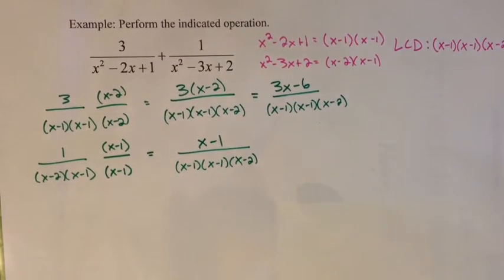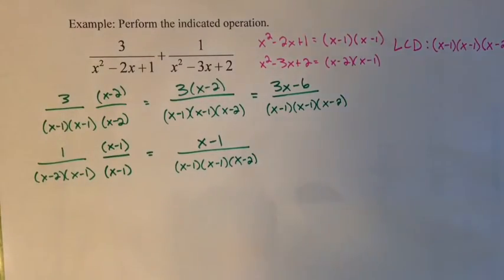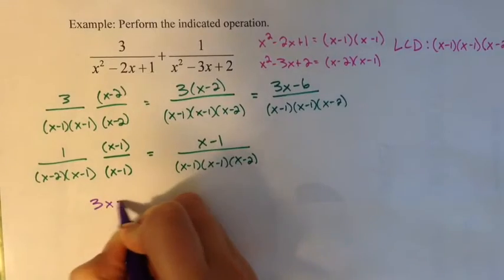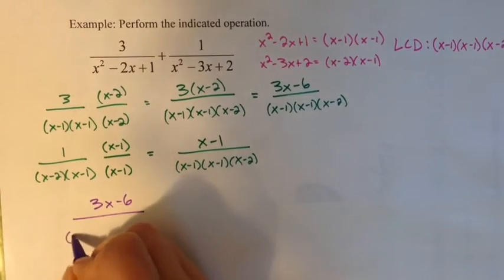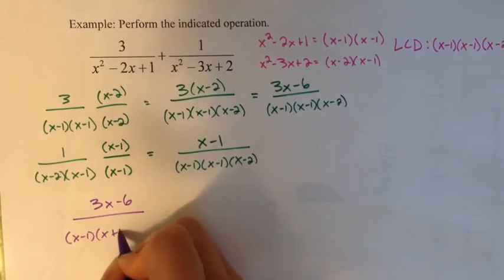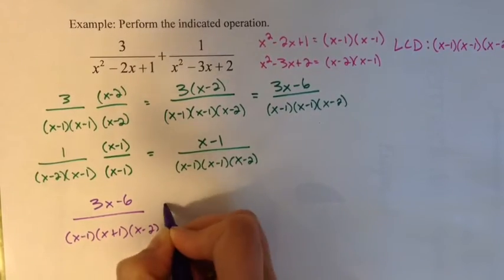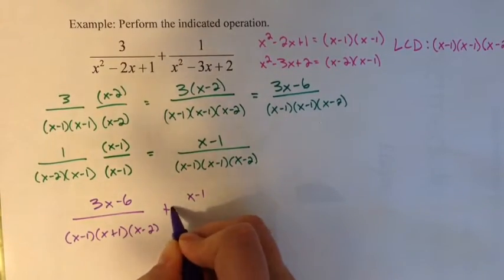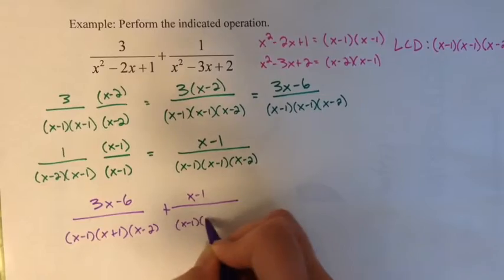Now that I've built my two fractions up to have the same denominator, I'm going to actually do the addition. So this is 3x minus 6 over my common denominator plus x minus 1 over that same common denominator.